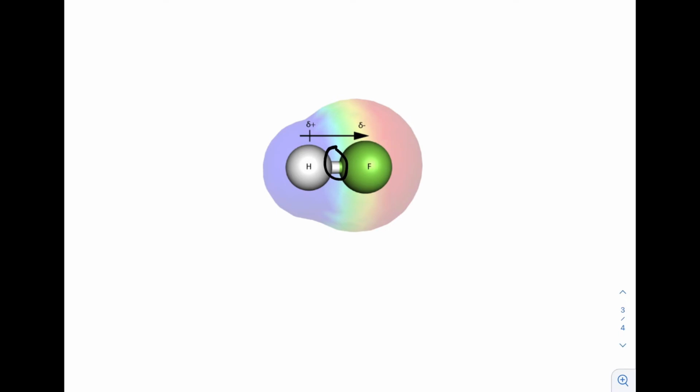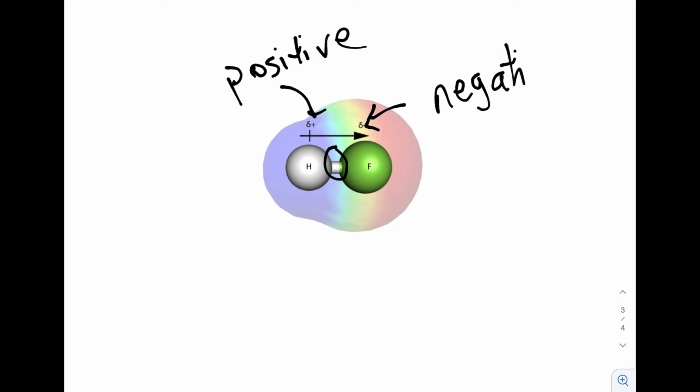But the more electronegative atom doesn't share equally, so it ends up with more of the electron density on its side, which causes a negative partial charge. That's why there's a positive partial charge on the hydrogen side, and on the fluorine side, a negative partial charge. So that's the key takeaway of a polar bond.